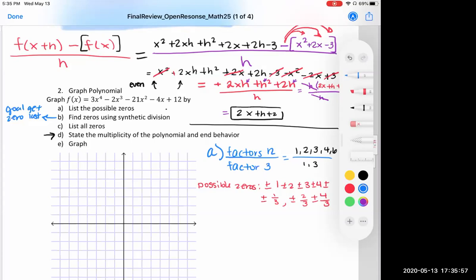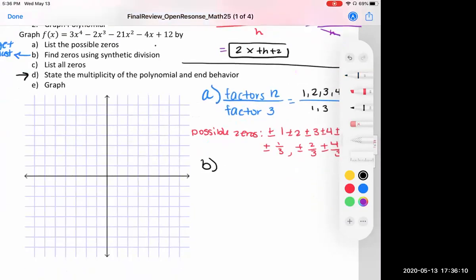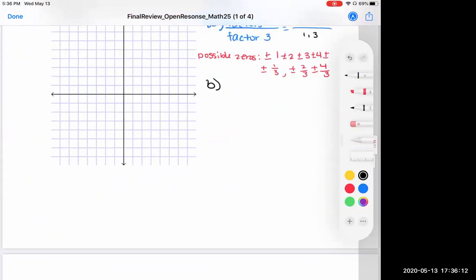So I'll give you hints so that you're not spending your whole time doing synthetic division. I'll tell you the answers for this one, but we'll do them together. Or maybe I'll give you the answer as a hint, and I just want you to show me the synthetic division.